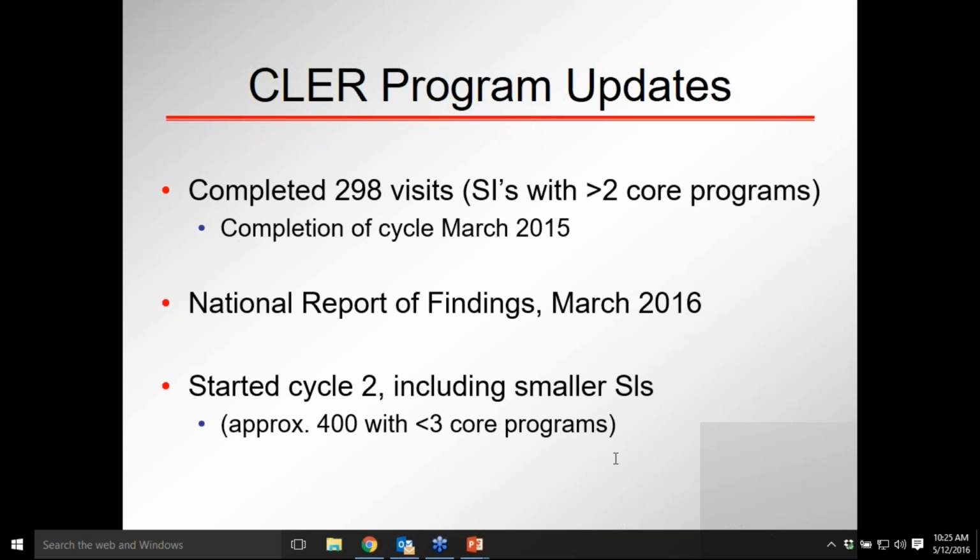As I mentioned at the beginning of the talk, many of your institutions actually had a second visit, and we're into cycle 2. We're probably about halfway through cycle 2. And in addition, in cycle 2, it's not only the ones with 2 or more that are going to get a visit, but even if you're, for example, a federally qualified health center with just 1 family medicine program, in cycle 2, you're going to get a CLER visit as well.